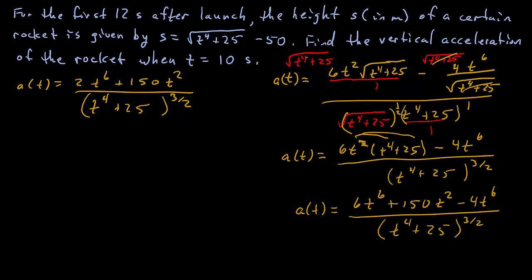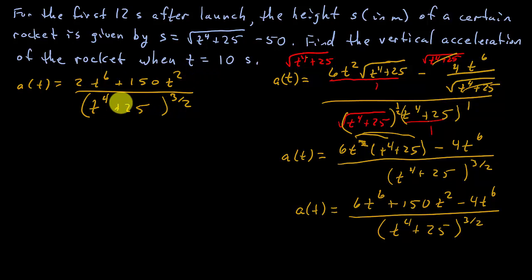All right, and if you wanted to, you could factor out 2t squared if you wanted to. I mean, really, it would be good to do, to see if something canceled, but nothing's going to cancel, so you can just maybe leave it like that.